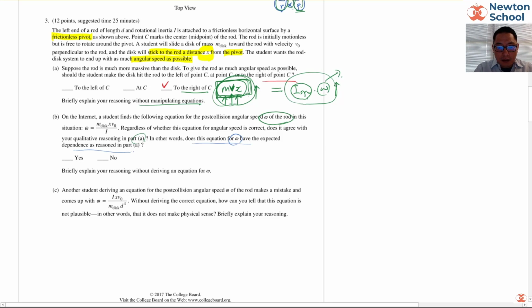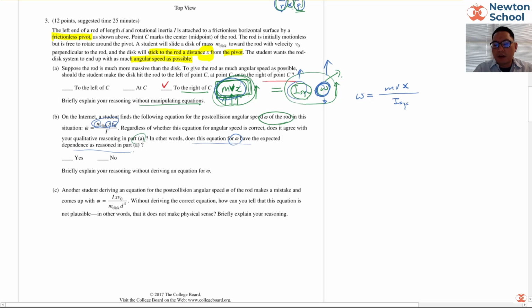If you want to increase this omega, you want to increase this, right? So that's why you have mvx. x goes in the numerator. And if this I gets bigger, omega gets smaller, so that will be an inverse relation, right? So actually you can write it as omega is mvx, the initial momentum of the system, over I of the system.